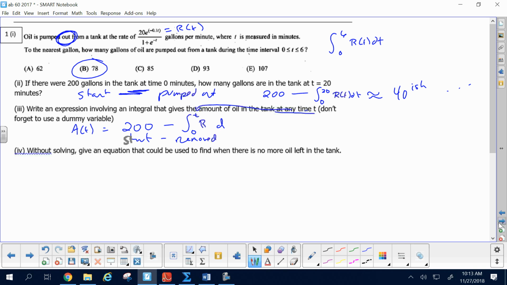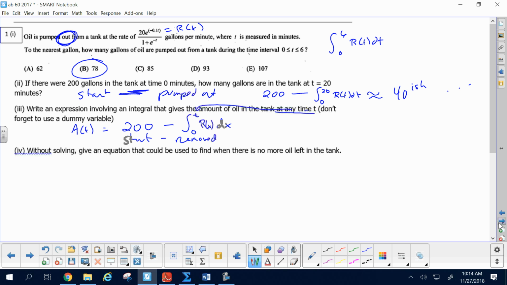The idea of a dummy variable is that I can't use a t there and there. That's bad math to use it for 2 totally different things. So you create a placeholder kind of variable, like x or v or u, to hold the place. It would be x's for a while, but the minute you integrated, you would put t in, so your final answer would be a function of t, because t would go in at the end. All right?